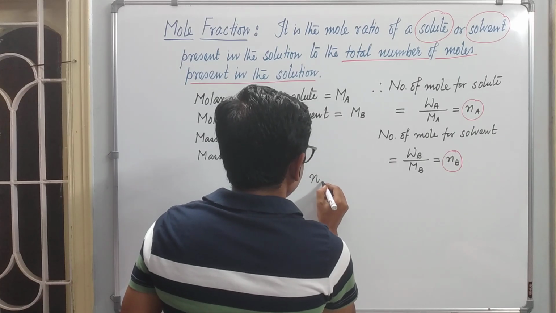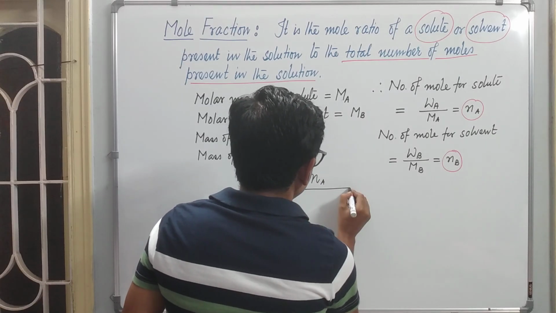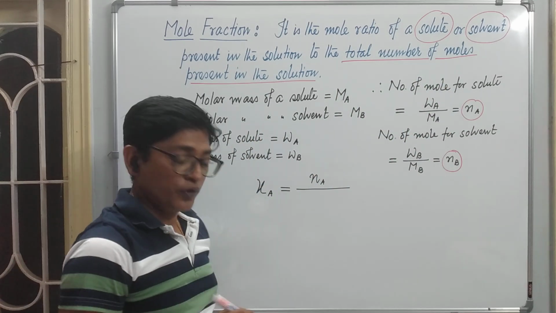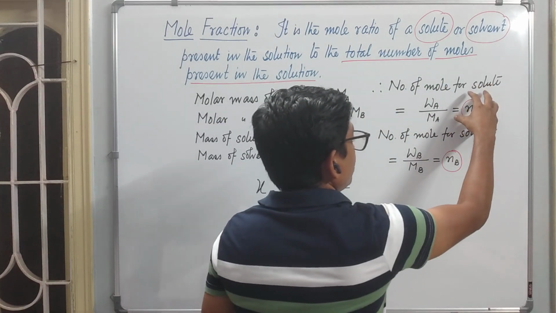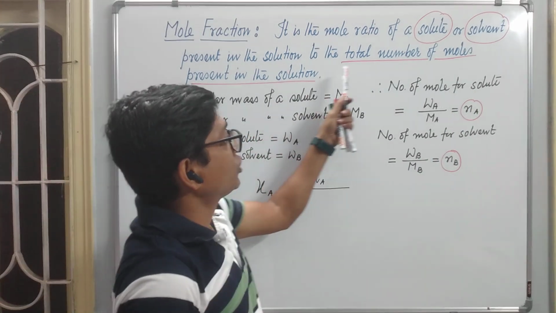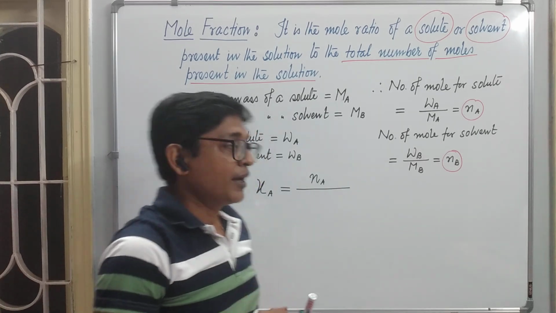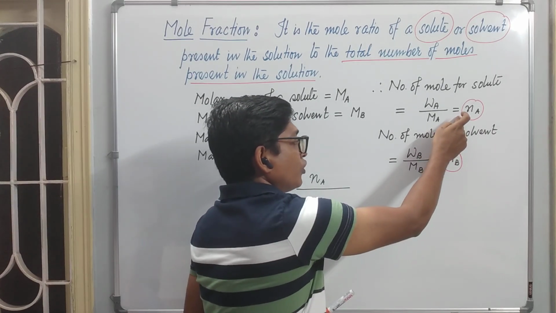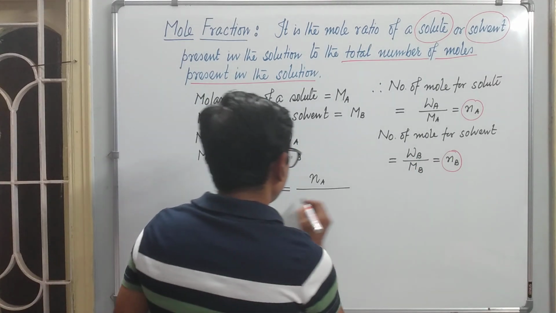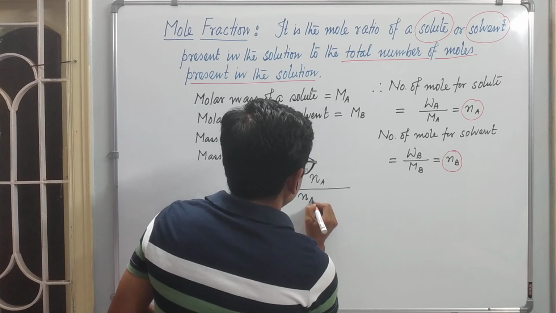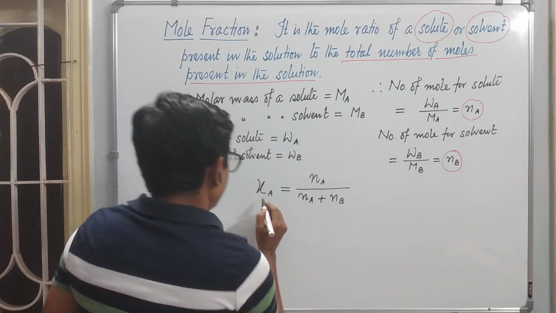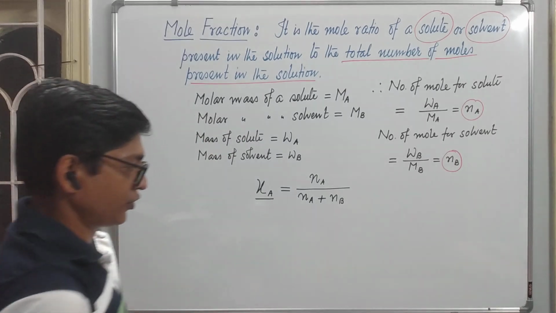We put the mole number of solute divided by the total number of moles. In solution, we have solute as well as solvent. So when we divide by the total number of moles, we need to consider the number of moles of the solute plus the number of moles of the solvent. Therefore, in the denominator, we write it like this. So this is our mole fraction for the solute.